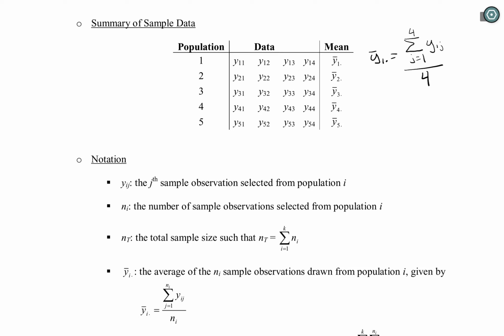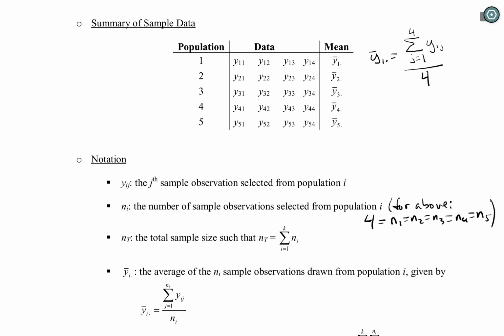Ni is the number of sample observations from population i. And so for the above, we see that N1, N2, they're all the same. They're all equal to 4 rather. There's 4 observations in each of those samples.